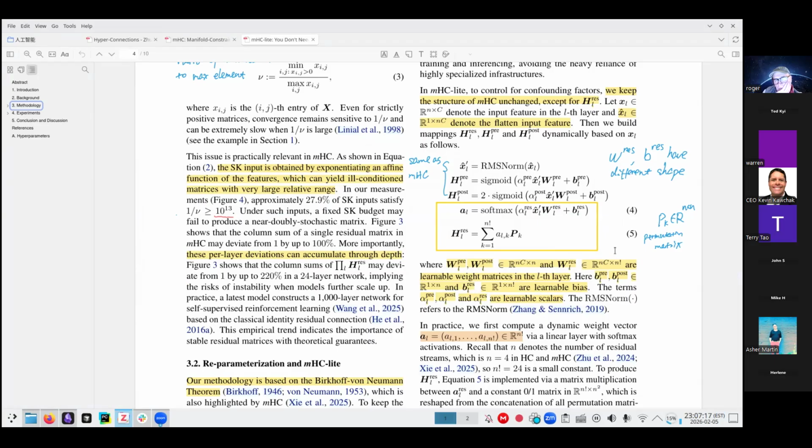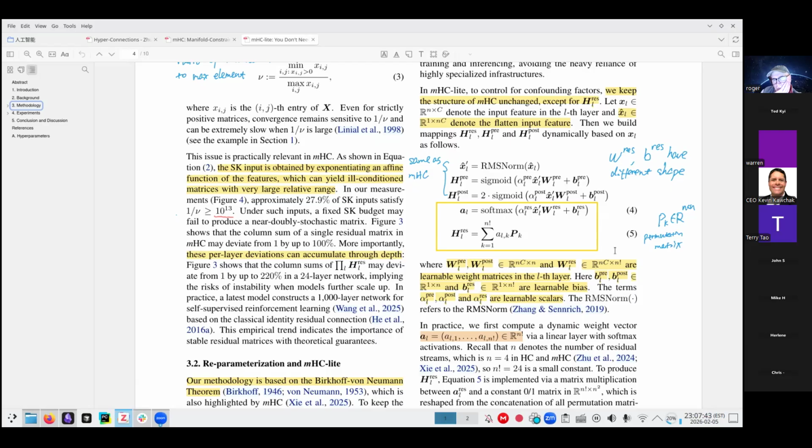Each row has only one number one, all others zero, and each column is the same. So if you mix a lot of them together in a weighted sum, then you get a doubly stochastic matrix.